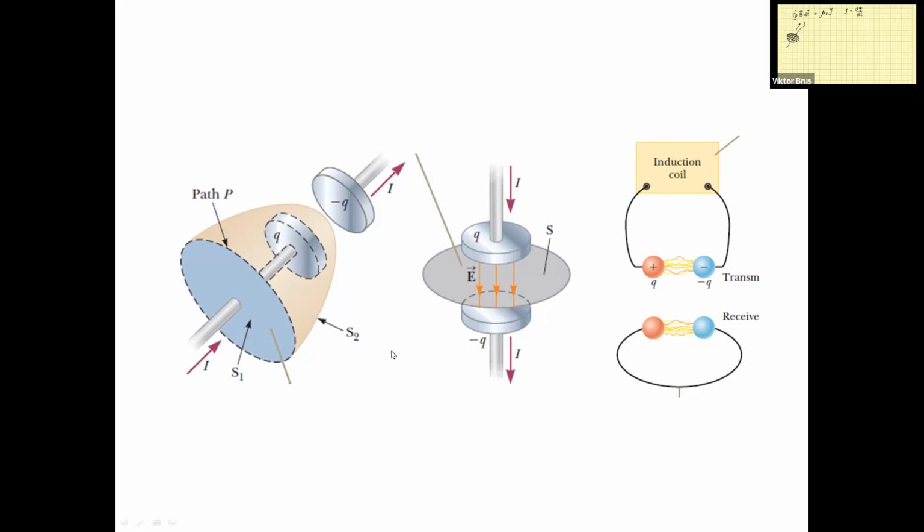So if we consider Ampere's law applied for path P, this closed path which we agreed to consider in this case, then the integral over this closed path of this product B vector displacement vector should give us the product of mu naught and electric current I, which goes through this blue surface S1.